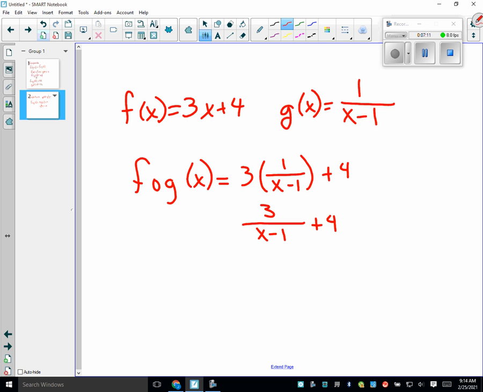So the domain is negative infinity to 1 and 1 to infinity. Do you remember that parentheses means it doesn't include it? Does that make sense?